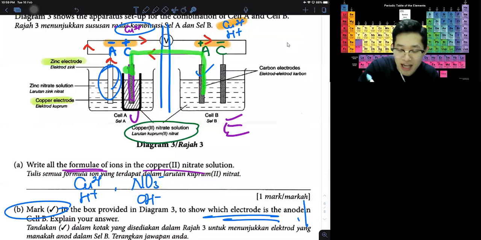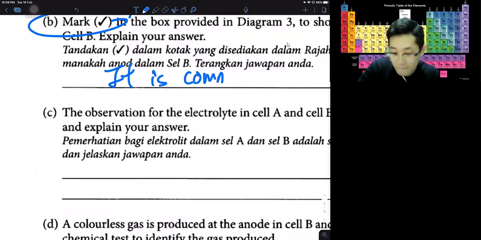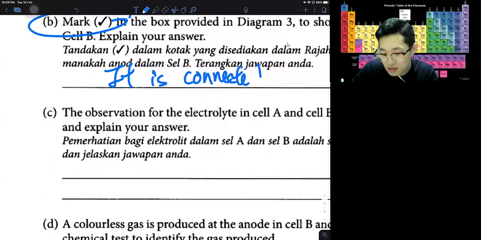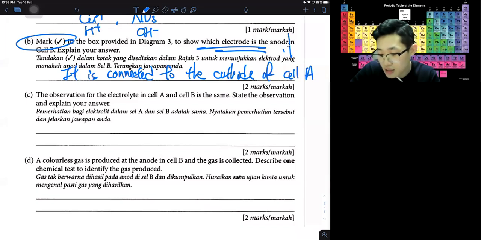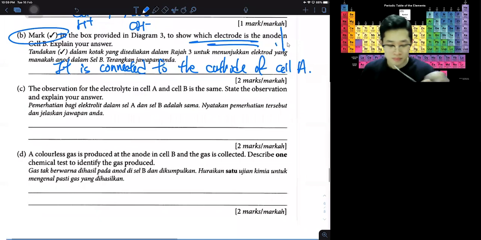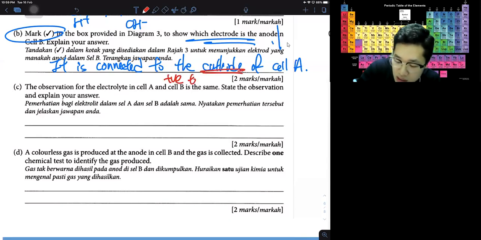Because it is connected to the cathode of cell A. Or you can also change the sentence to: it is connected to the positive terminal of cell A.